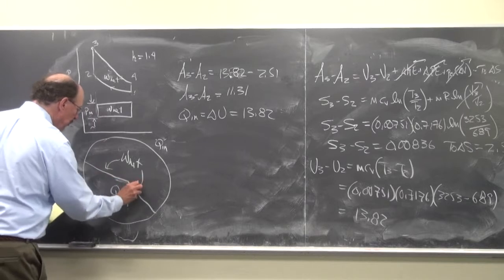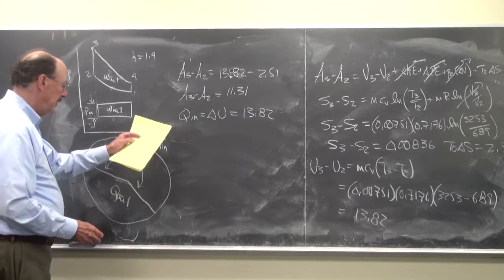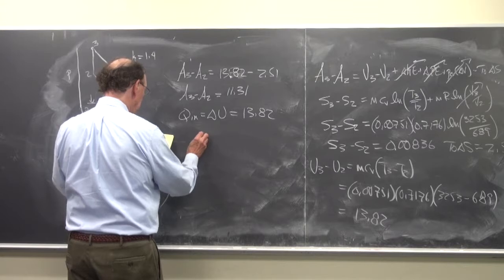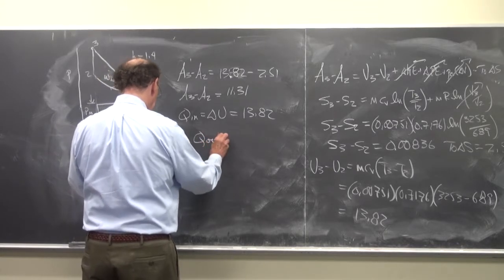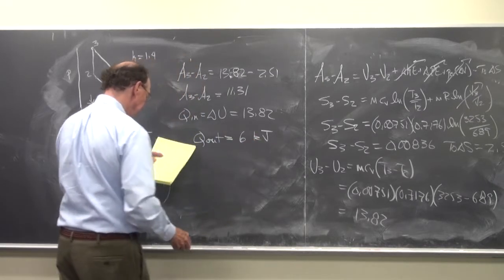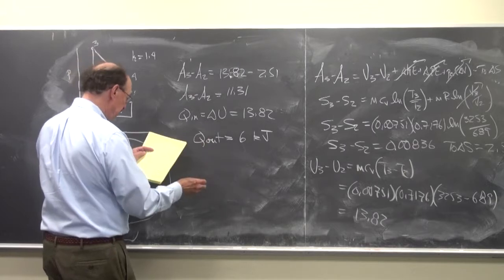So that's where it went. Of the heat out, Q out is 6 kilojoules. So it's the heat in minus the work.